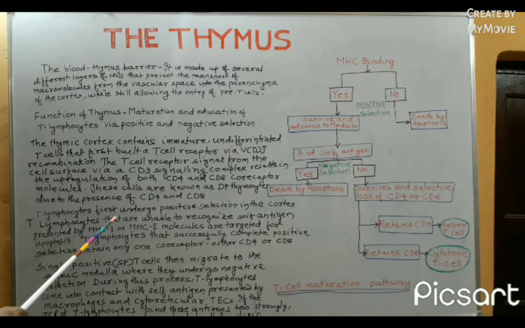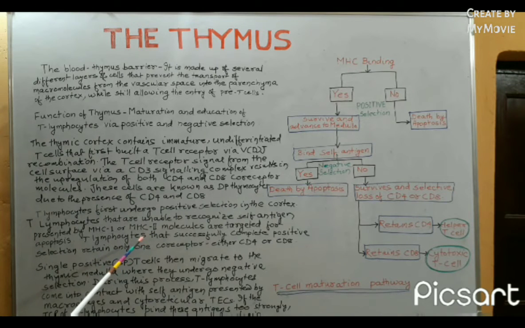T lymphocytes first undergo positive selection in the cortex. In this process, T lymphocytes that are unable to recognize self-antigen presented by MHC1 or MHC2 molecules are targeted for apoptosis. So, the cells which are unable to recognize the self-antigen presented by MHC1 or MHC2 molecules undergo apoptosis.